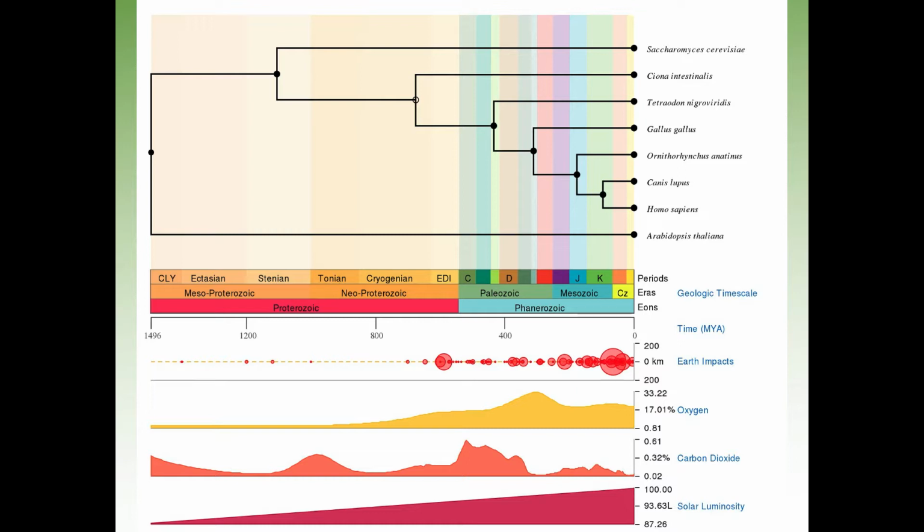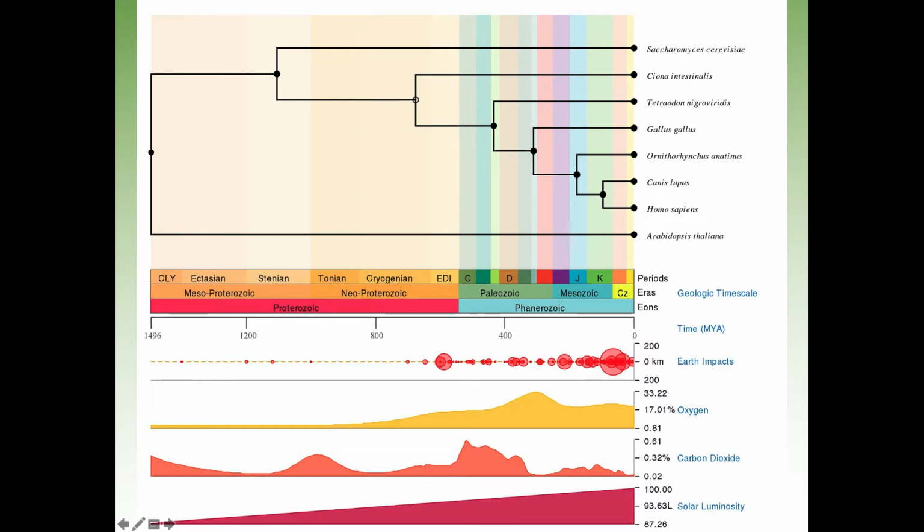And so this is just a time tree that shows the divergences of these different species on geological timescales. You can see that there are some major events in terms of what's going on in the Earth, in its environment, through time. And you can see that as we think back to where the base of this tree for these organisms is, it's around about 1.5 billion years ago, right? And that's the best estimate, give or take, however many hundreds of millions of years.